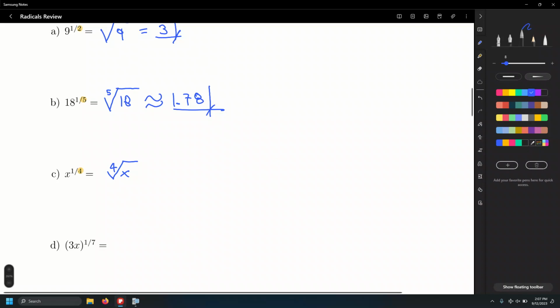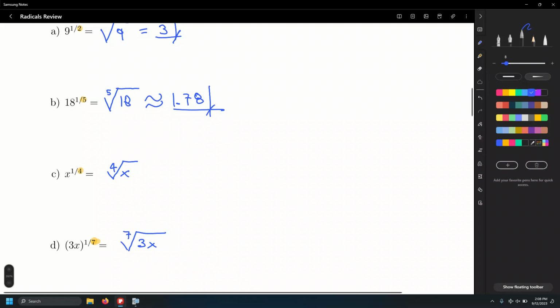Notice how this 3x is inside parentheses. So we need to make sure to have the whole 3x under the radical, and the index of the radical, which is 7.